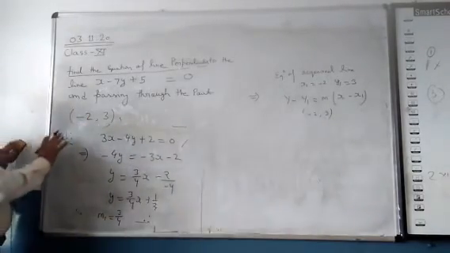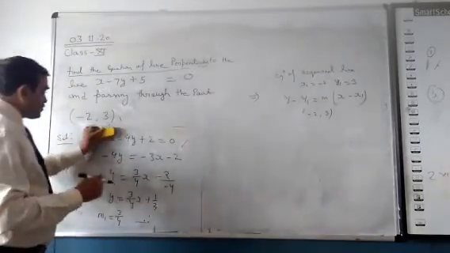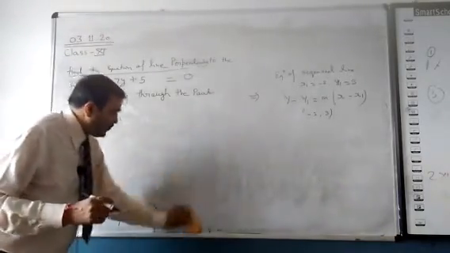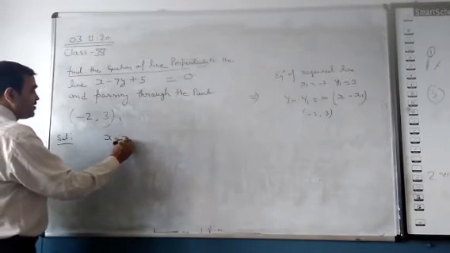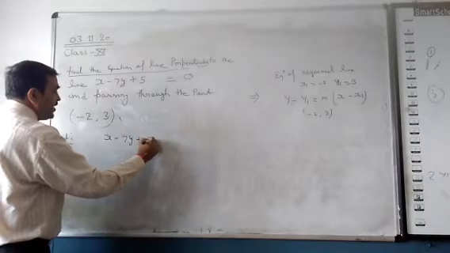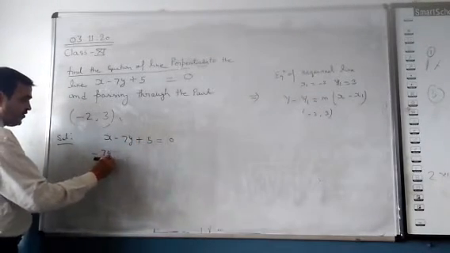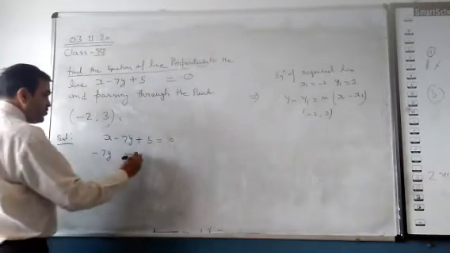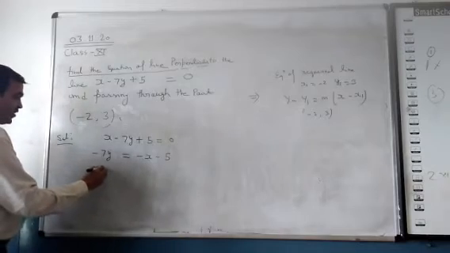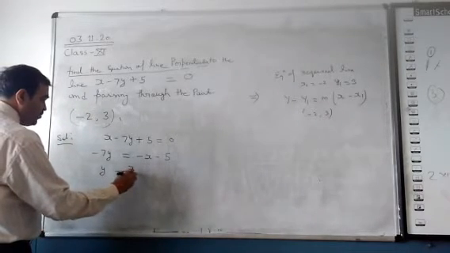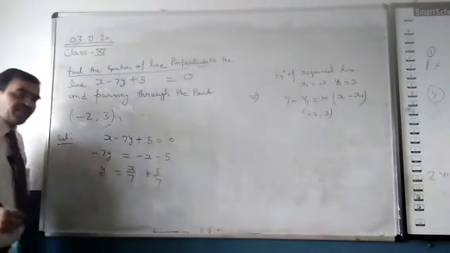Okay, solution. This is the given equation of line, x minus 7y plus 5 equals 0. This can be written as minus 7y equals minus x minus 5, which means y equals x upon 7 plus 5 upon 7.